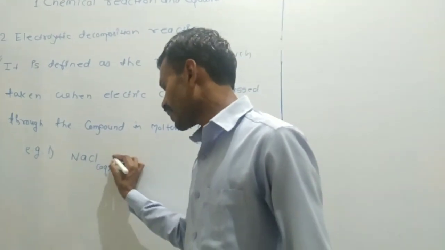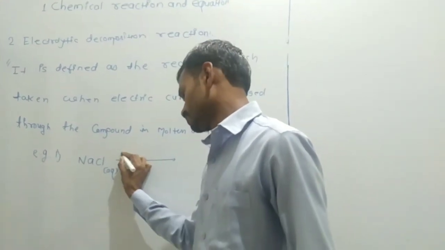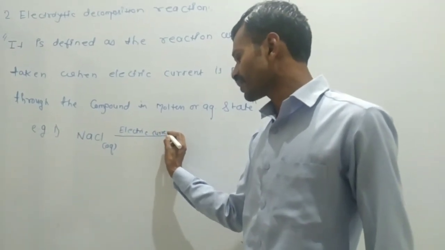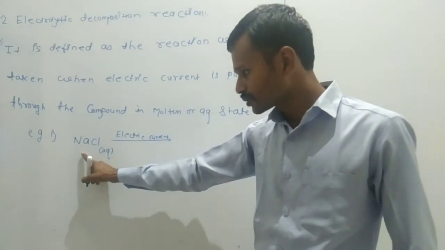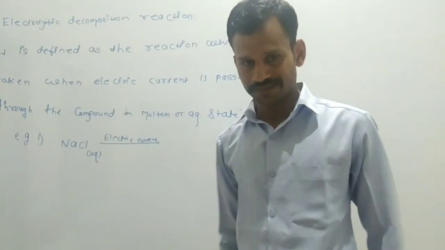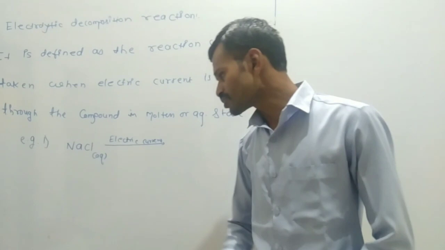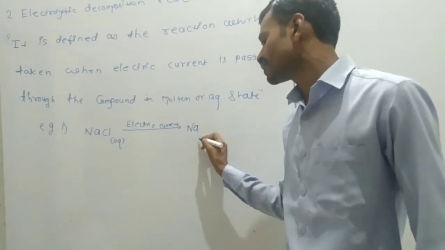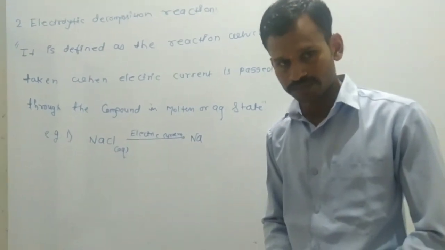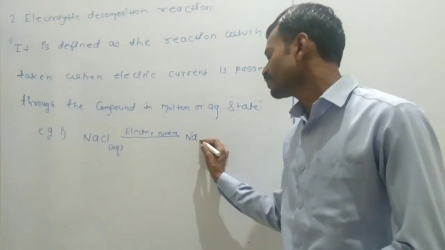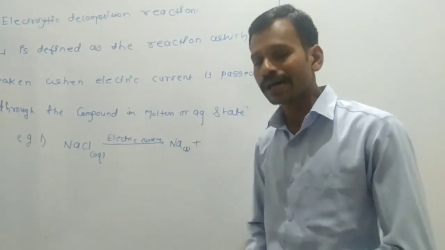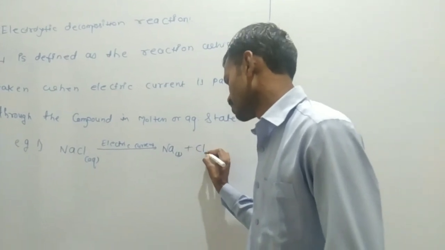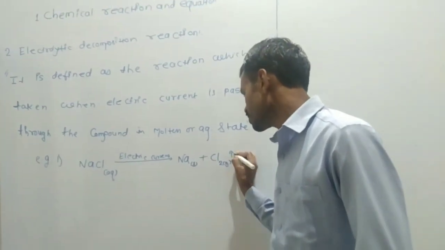When electric current is passed through this sodium chloride, sodium metal is formed, and second, Cl2 gas, chlorine gas, is formed.